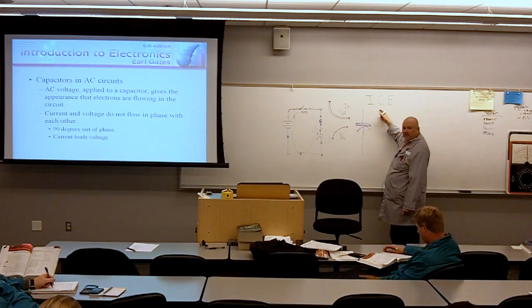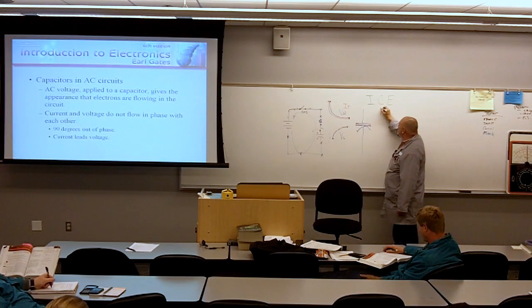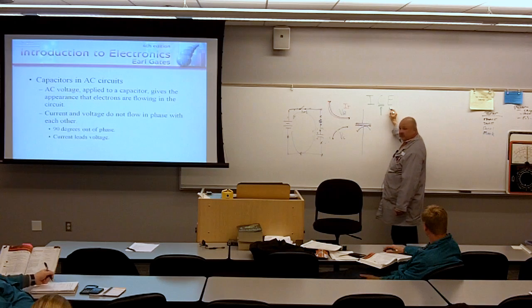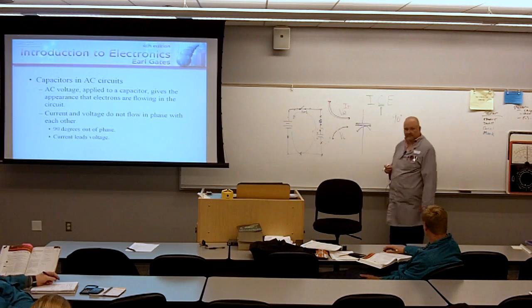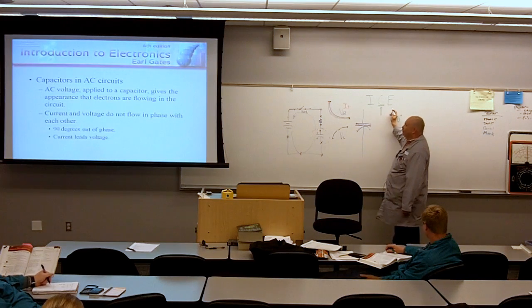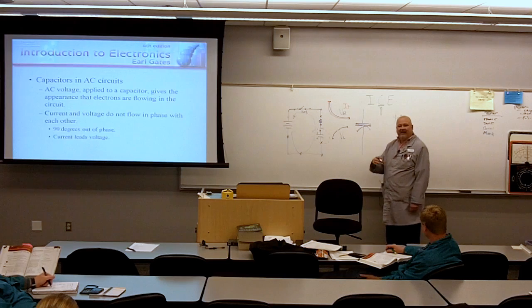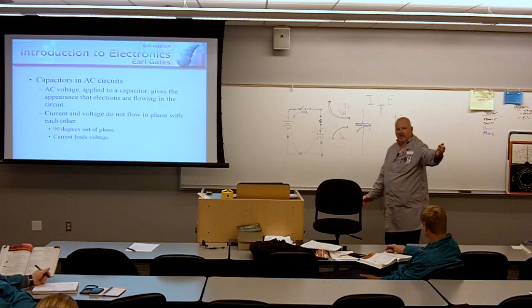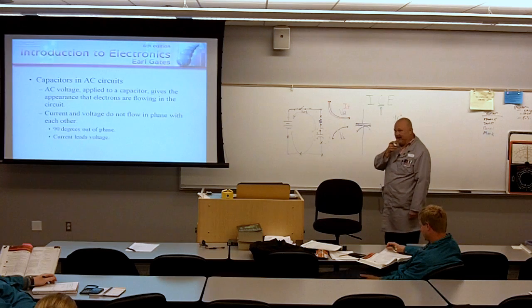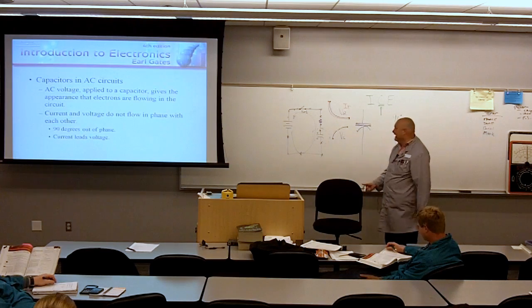The reason this word is so important: in a capacitive circuit, letter C, current leads voltage by 90 degrees. By leading, we mean current goes to 100%, and then voltage is going to follow that by 90 degrees. They're going to be offset by 90.